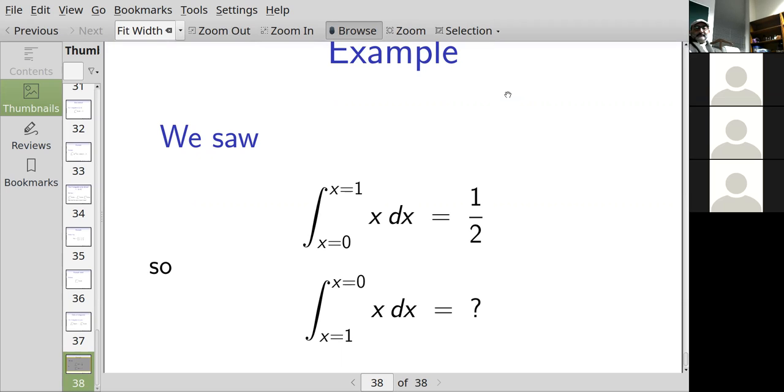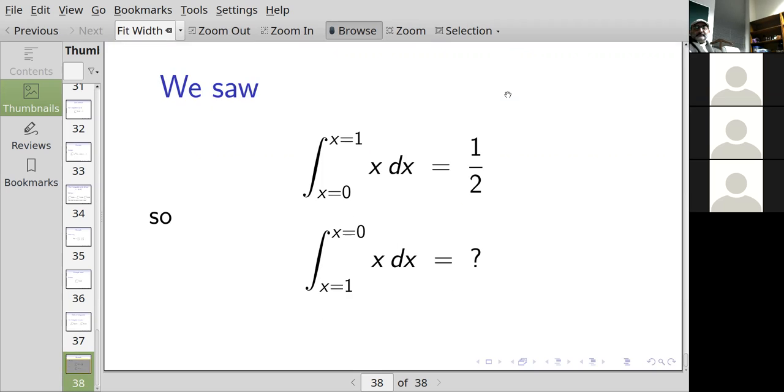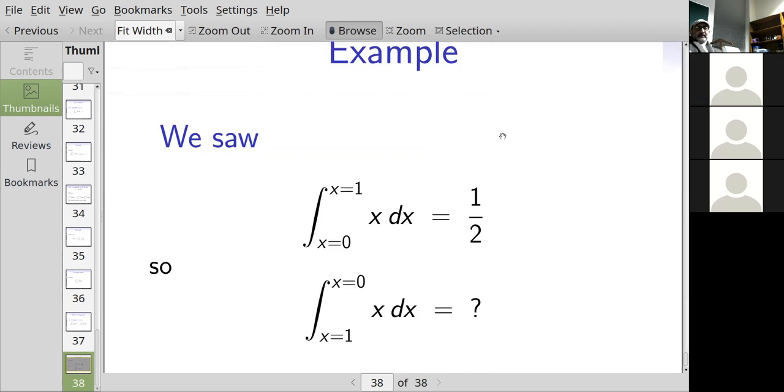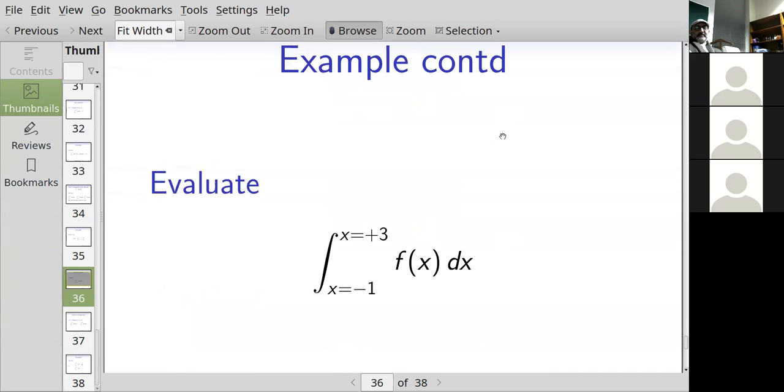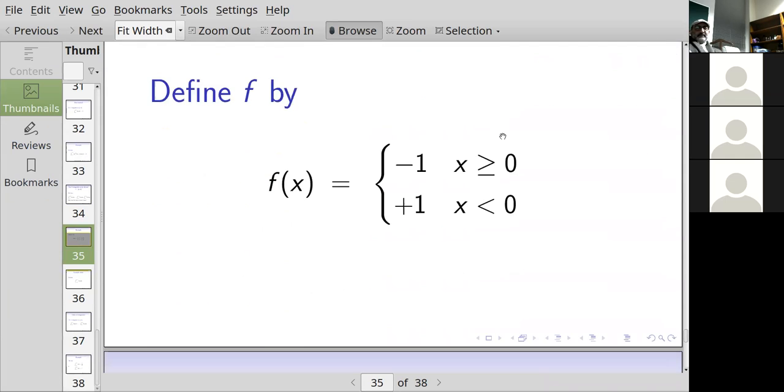Sir, could you please explain the norm of the partition? Oh, that's just telling you, if I consider all of the differences x_i minus x_{i-1}, so I have these points x_i in the partition, that's the width of the ith rectangle, right? So the norm is just how big do the widths get?